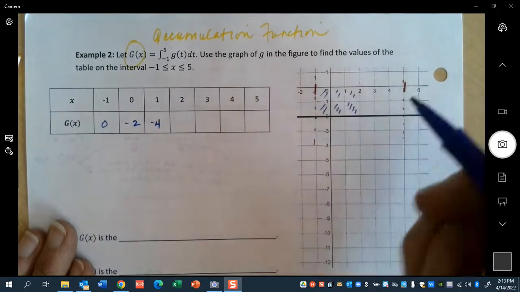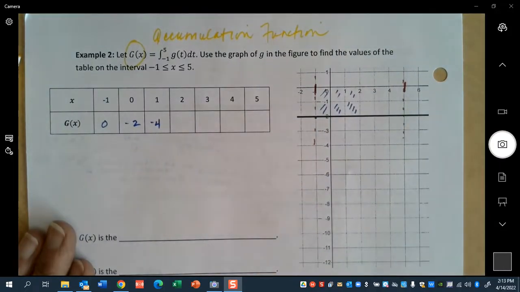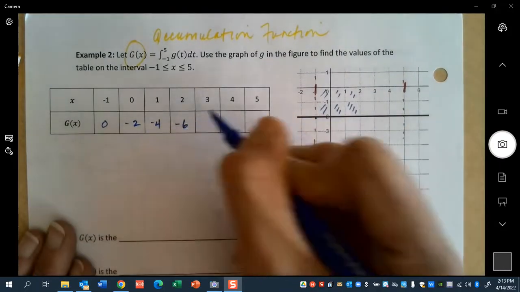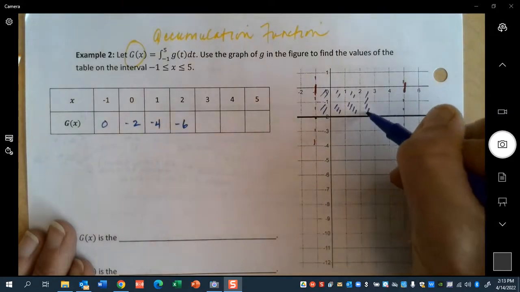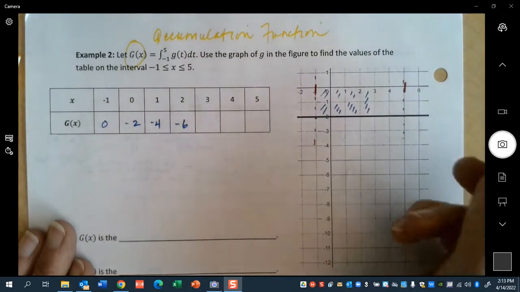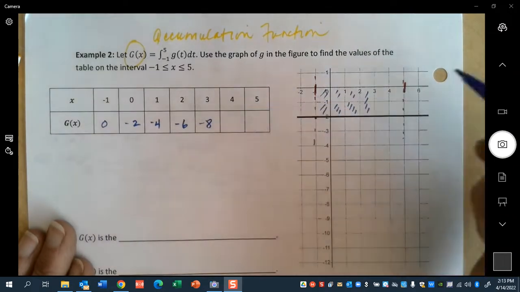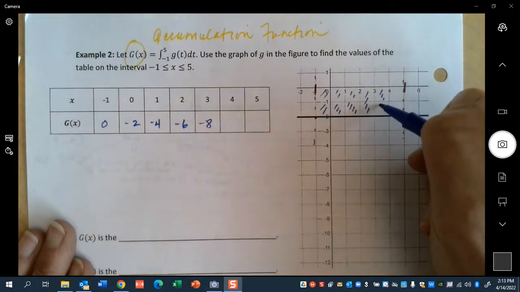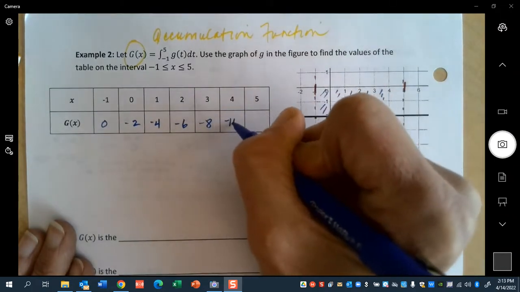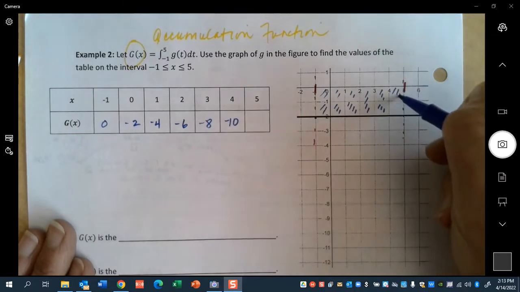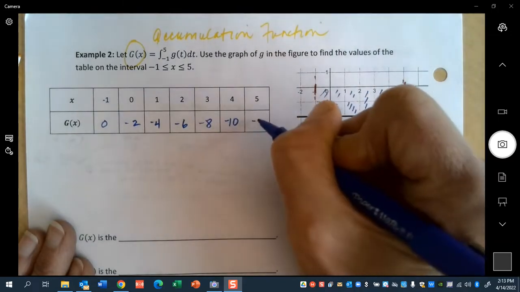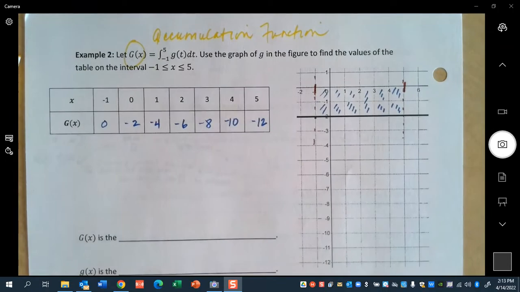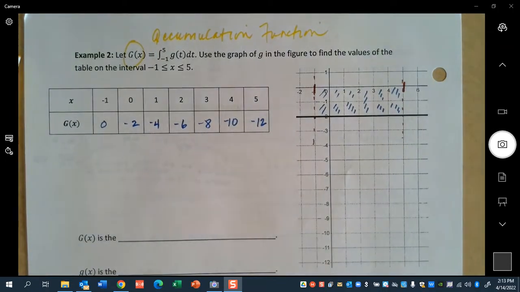At 2, what do I have? At 3, 4, 5. Would you please take the time to graph the original function on this plane?